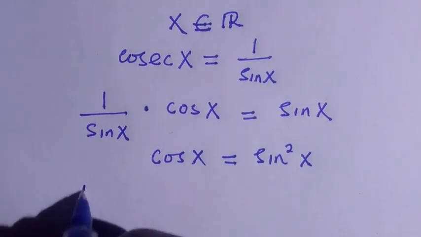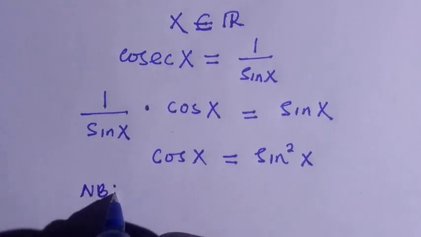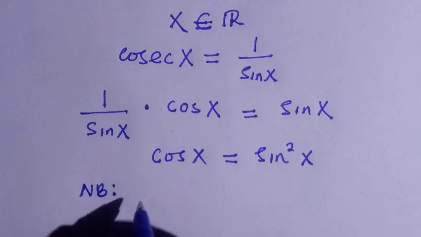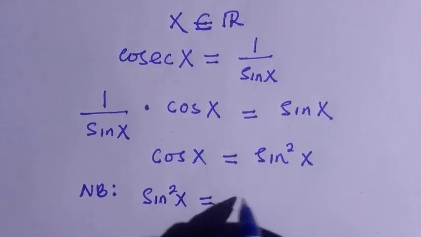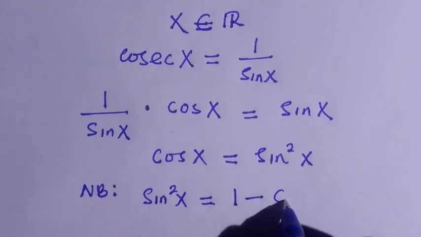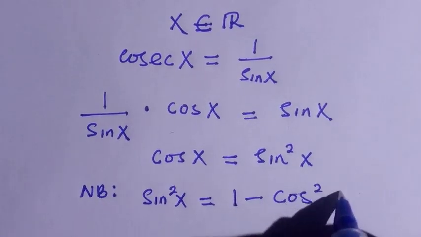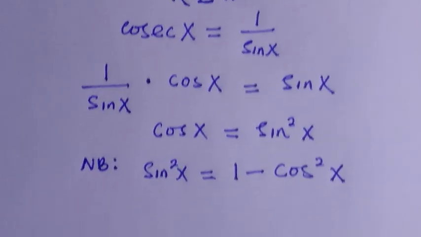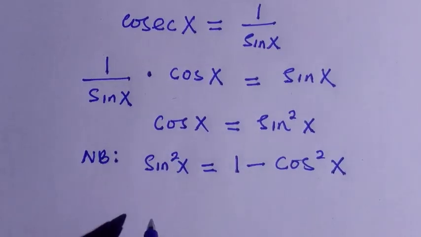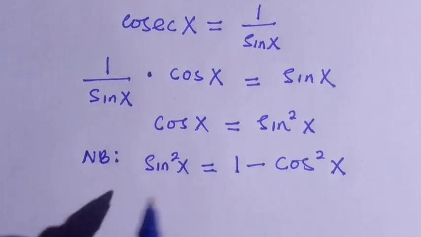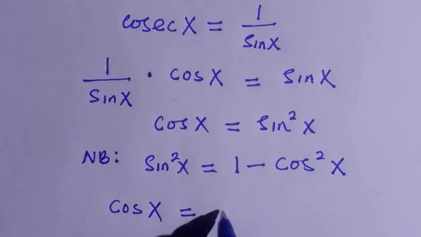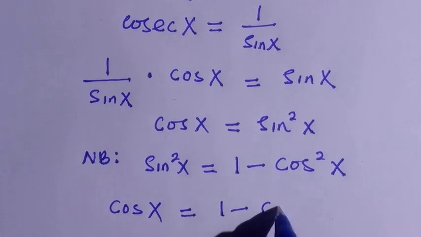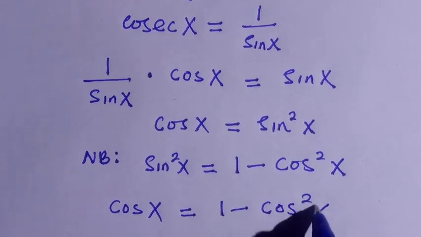Again, we should note that anytime we have sin square x, it is identical to 1 minus cos square x, and by replacing it here, we have cos x equals 1 minus cos square x.